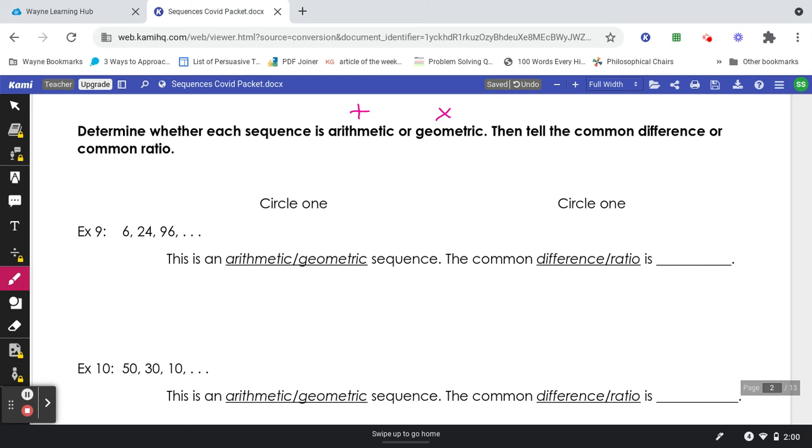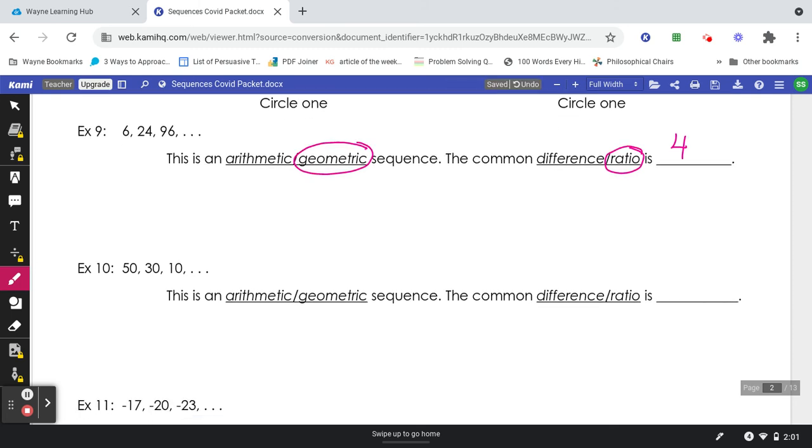That's huge, which probably means I'm multiplying. So 6, I think it's times 4, gets me 24. And then 24, checking your calculator, 24 times 4 does get you 96. So the common ratio is 4. And we're just going to circle common ratio and circle geometric.